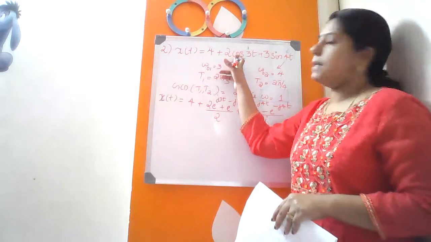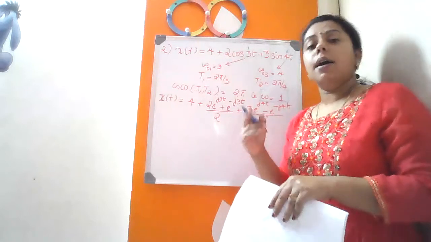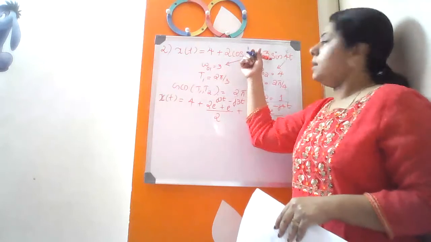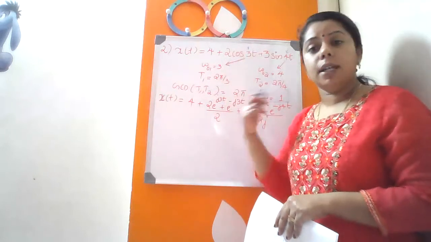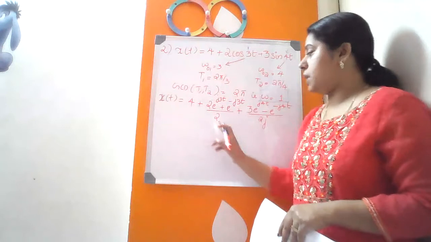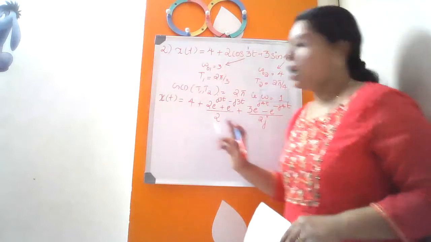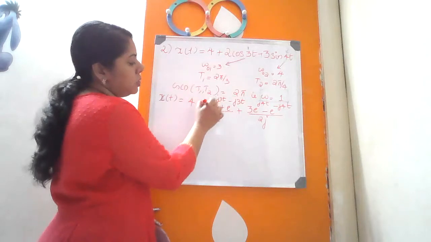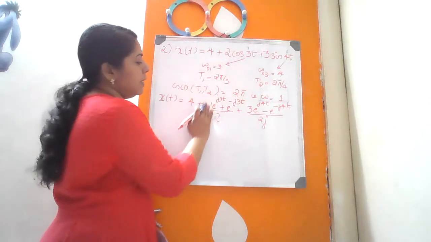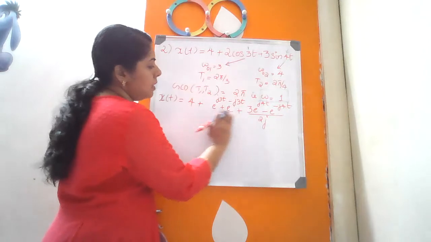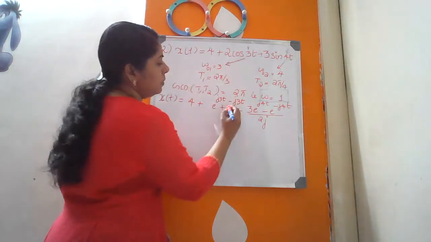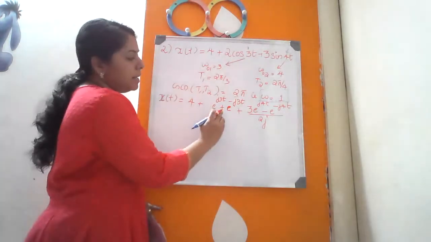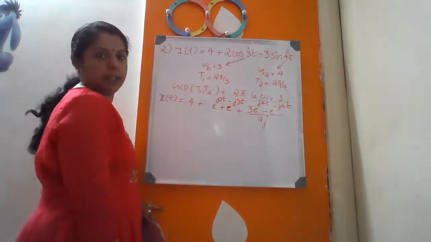So I can represent cosine as e power j theta plus e power minus j theta by 2, and sine as e power j theta minus e power minus j theta by 2j. That's why I wrote it like this. You can see this 2 and this 2 will get cancelled. So I can write this term as e power j3t plus e power minus j3t.